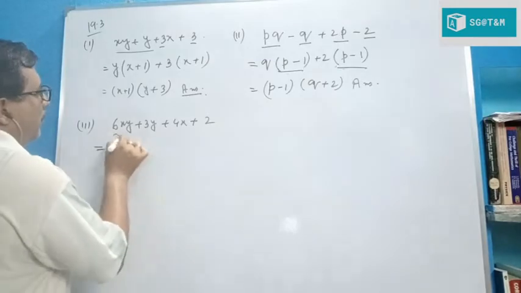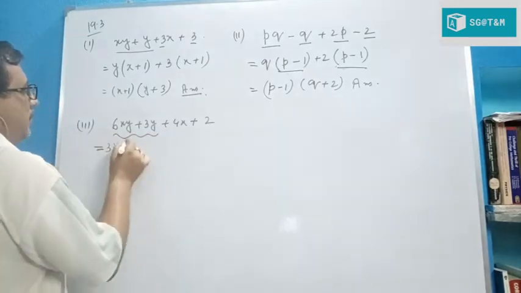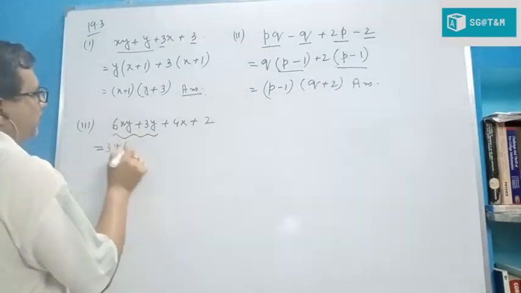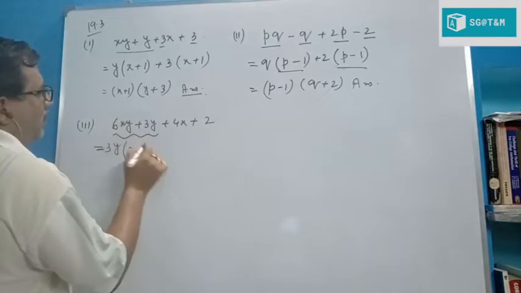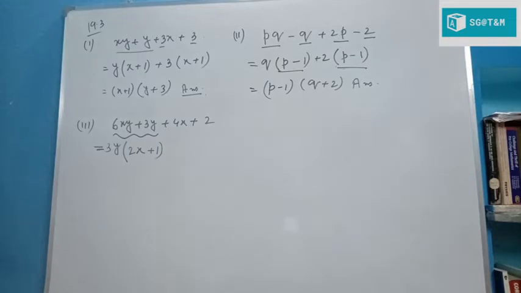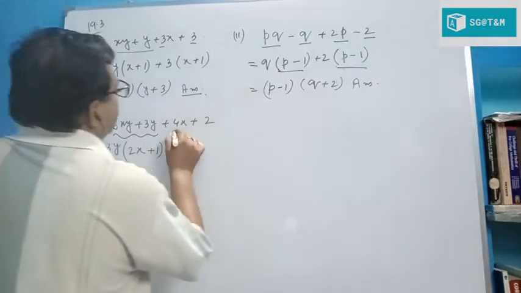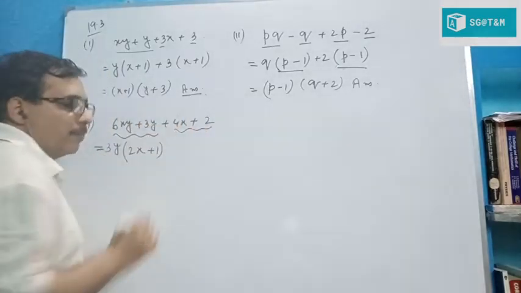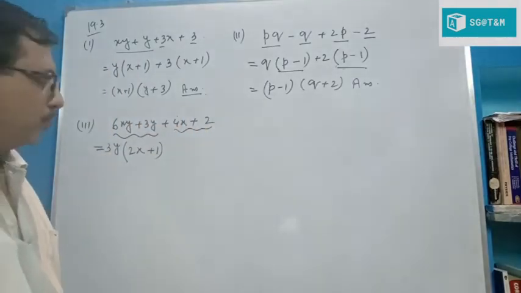First we take common from the first two, 3y is common. Then from this it is 2x and 3y is common, so it is plus 1. So if we take 3y common, then you get 2x plus 1. Is it clear? Next, from these two, 4 means 2 into 2.